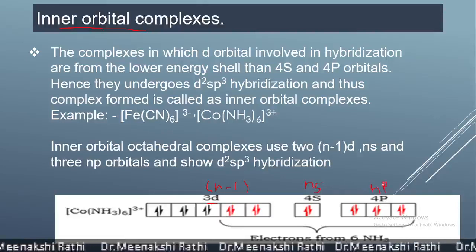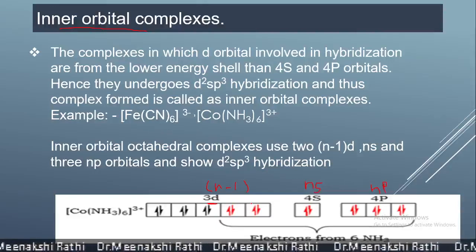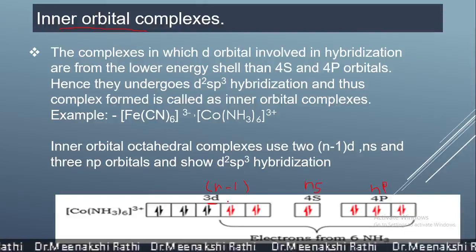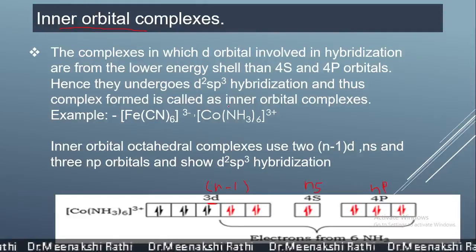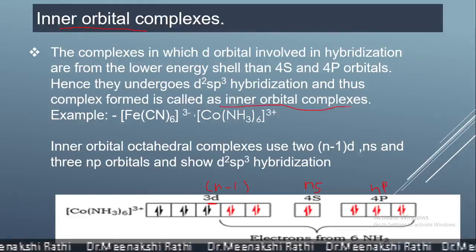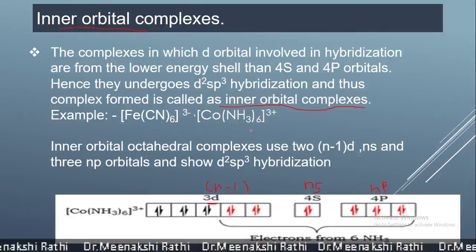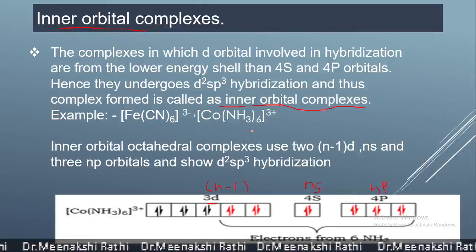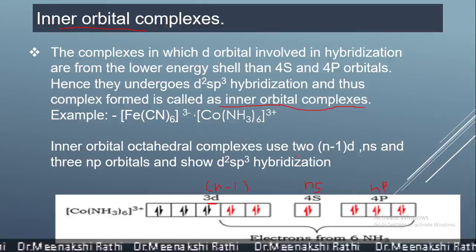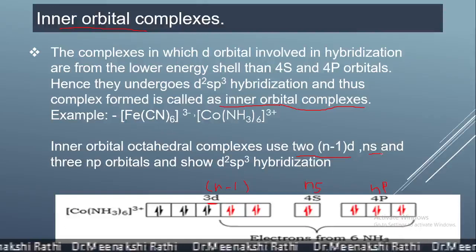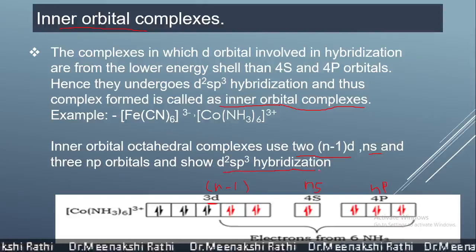So, here the d orbital which is used for hybridization is from a lower energy shell than 4s and 4p. That means the inner d orbital is used. So the complexes formed in such cases are called inner orbital complexes. Hexaamine ferrate ion and hexaamine cobalt are examples of inner orbital complexes. These inner orbital octahedral complexes use 2 (n-1)d, ns and 3 np orbitals and show d2sp3 hybridization.